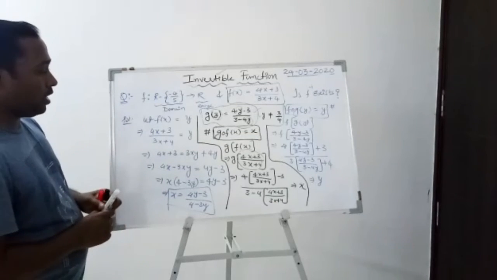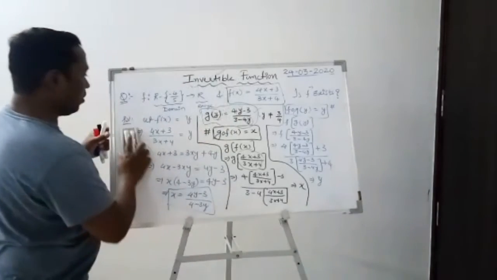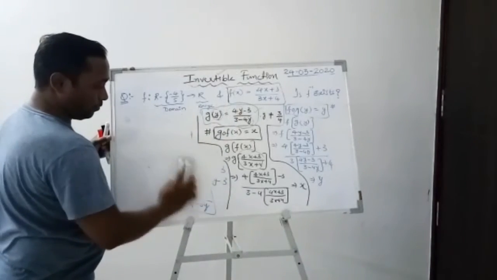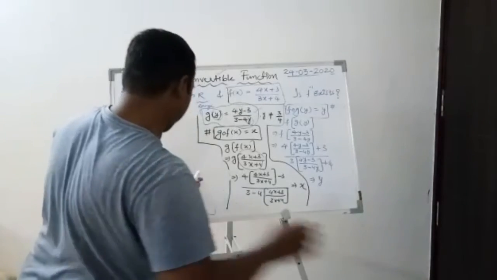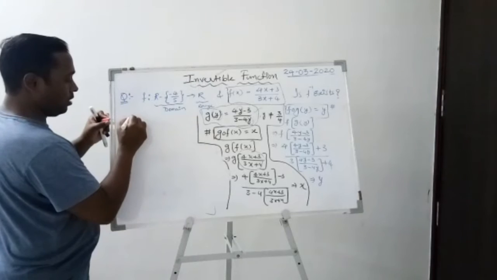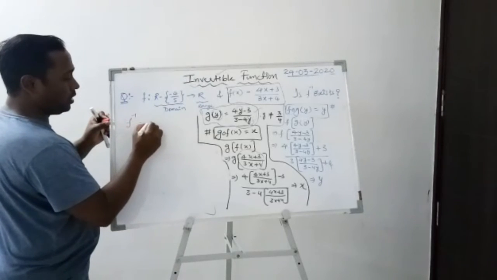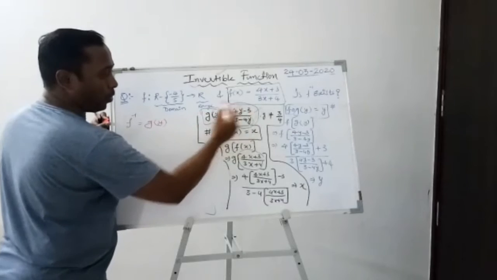So finally we can write the statement as the inverse of the function. So here the inverse of the function is simply g of y, which we have already defined in the process.